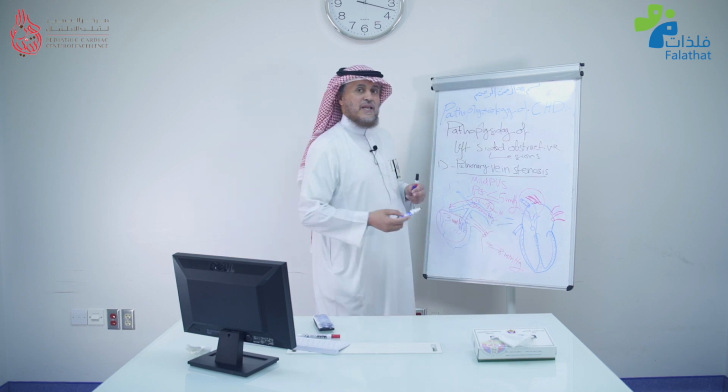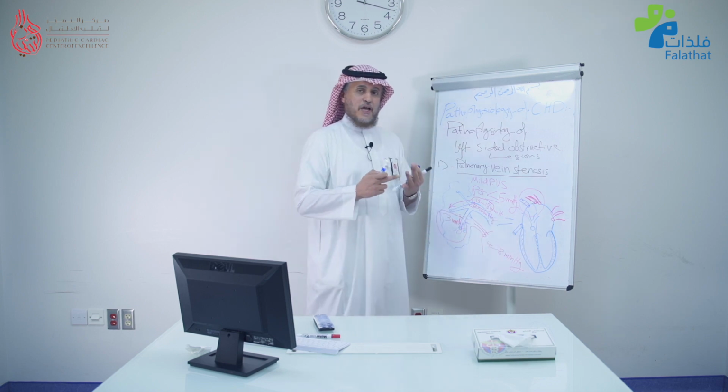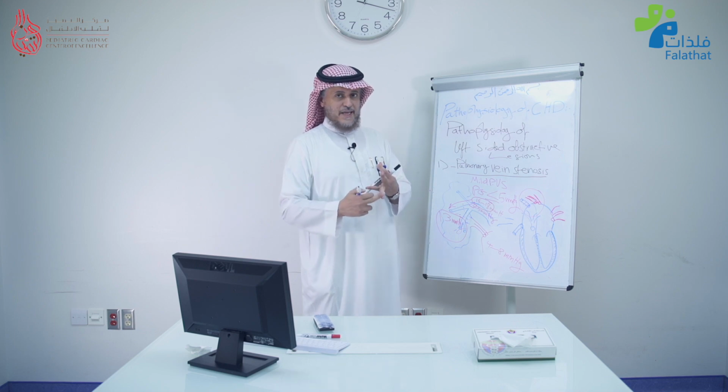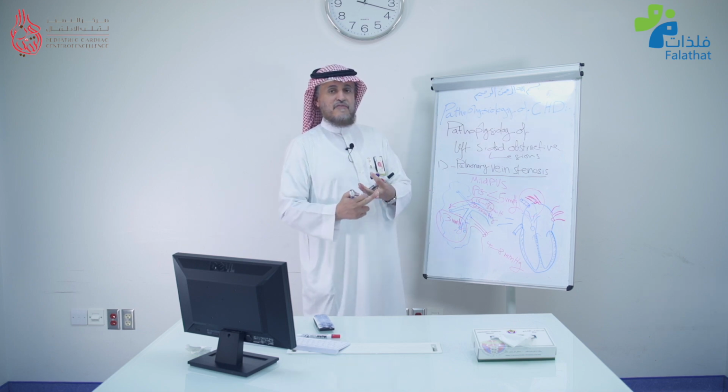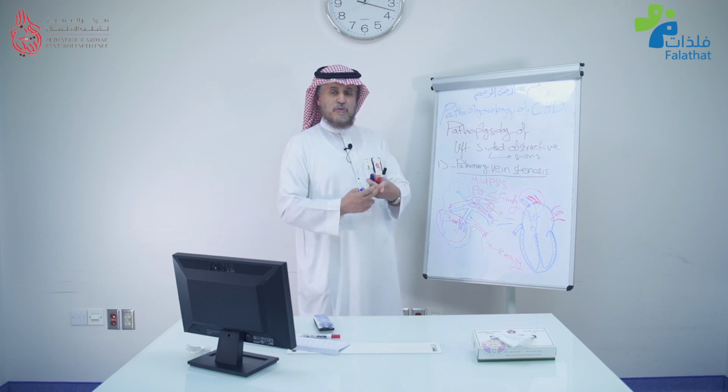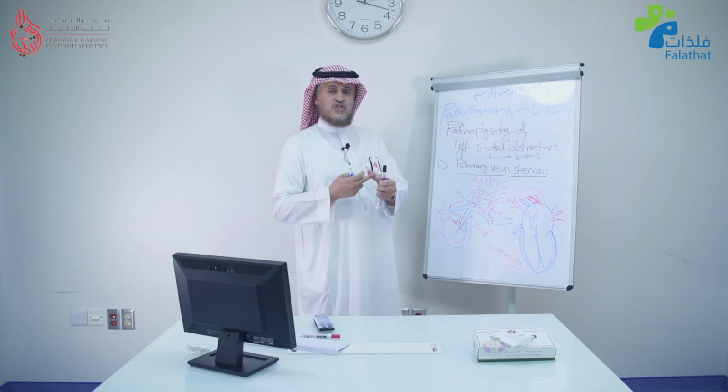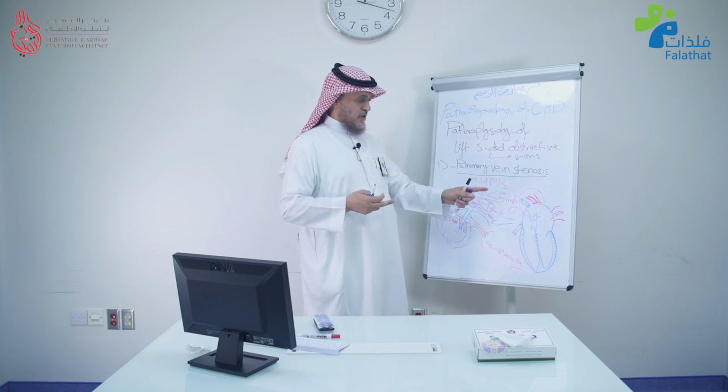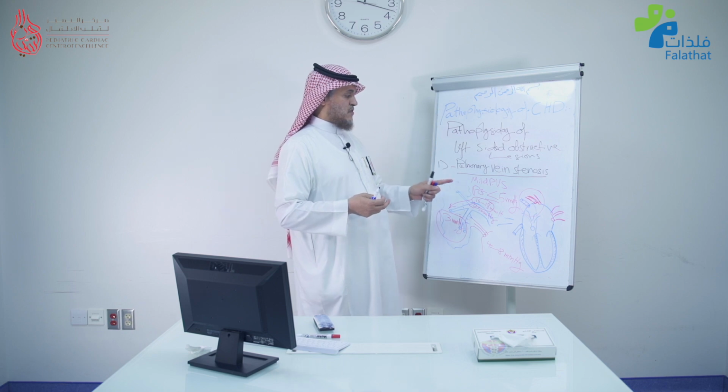This will not cause anything to the right ventricle. Not much hypertrophy, not much dilatation, function should not be affected, cardiac output should be maintained, no venous congestion on the right side because of such stenosis.